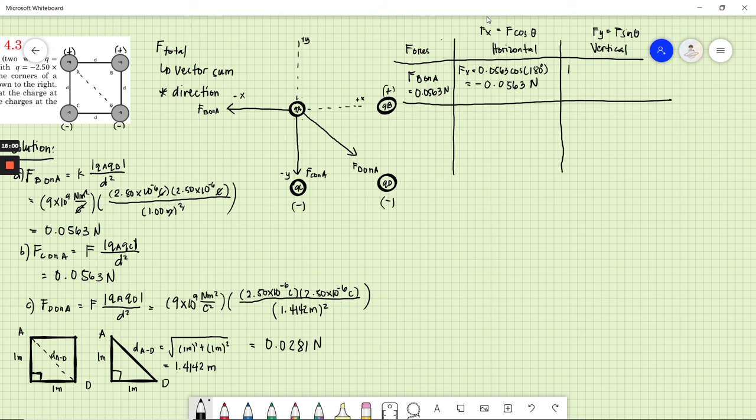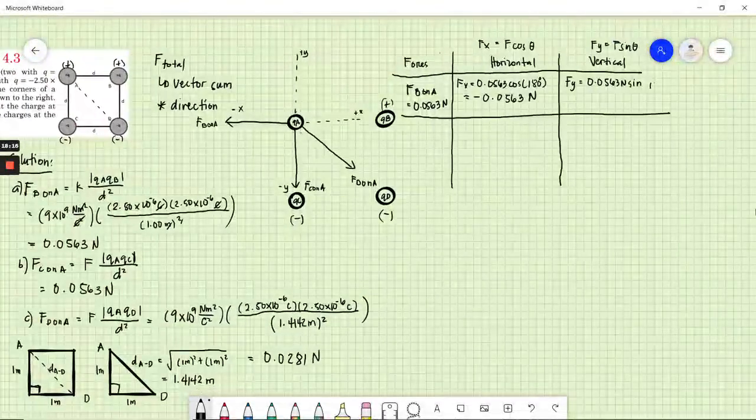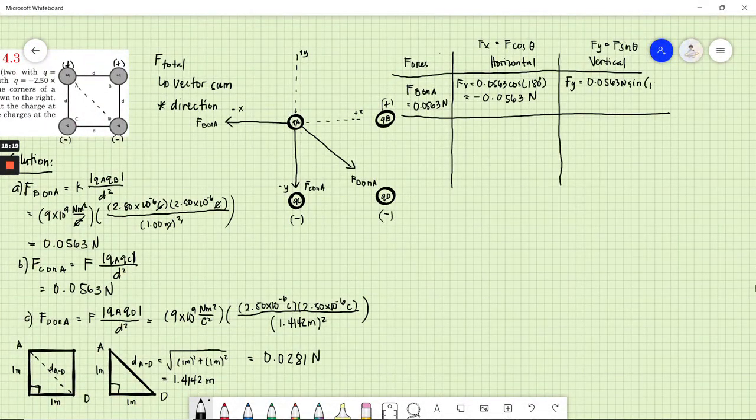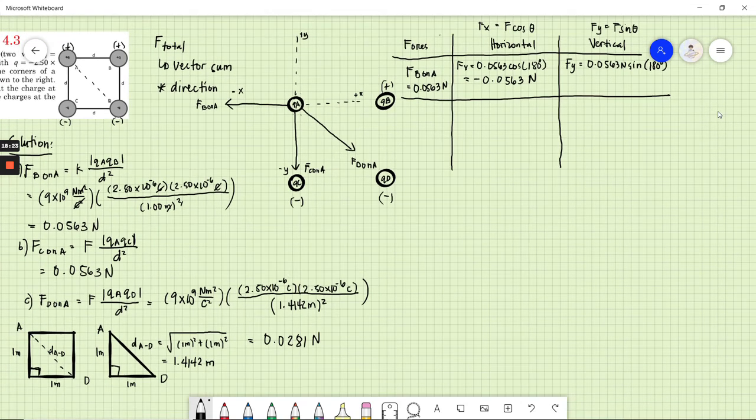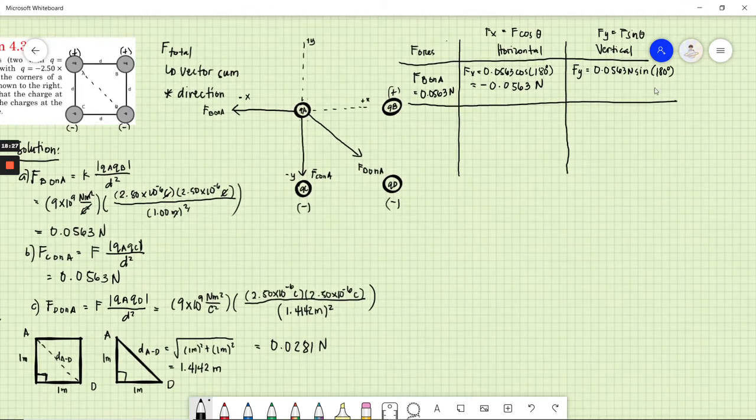Next, let's write Fy. So what would be Fy? Same thing. Take the magnitude of FB on A. It's 0.0563 newtons sine 180 degrees. So let's just move this a little downward. There you go. Sine 180 degrees. And interestingly, if you look at the value of sine 180 degrees, it's actually 0.